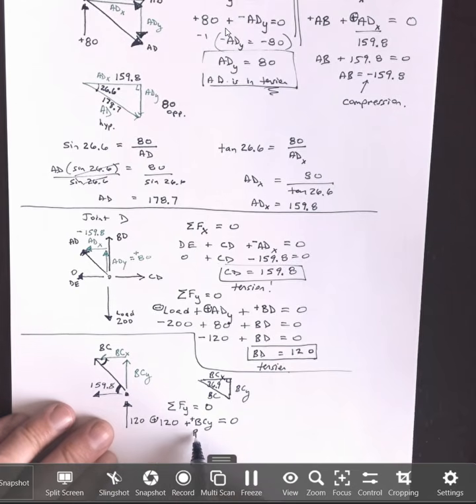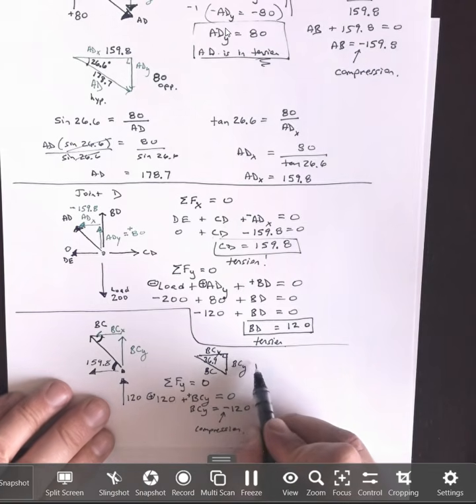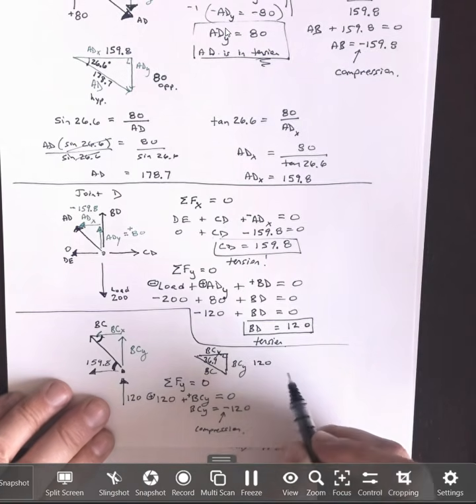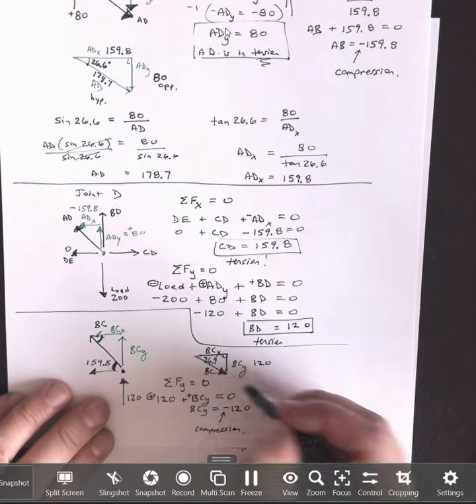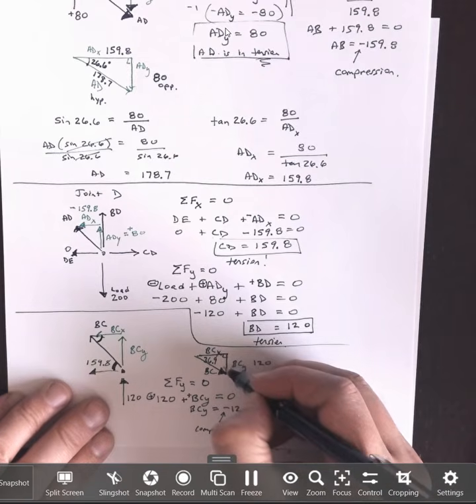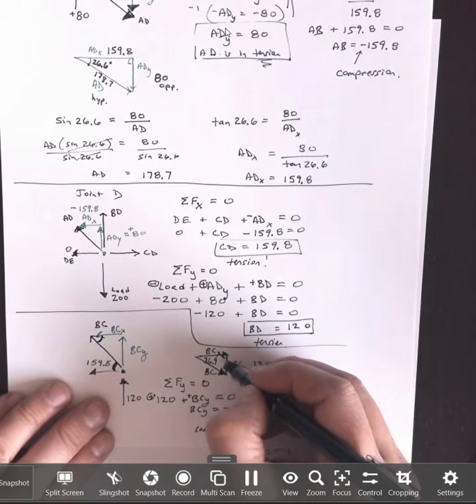I subtract 120 from both sides, and I get a negative 120. The magnitude's correct. The negative tells me compression. So that is 120, and BC is actually going this way. It's not up and left, it is down and right. Okay.